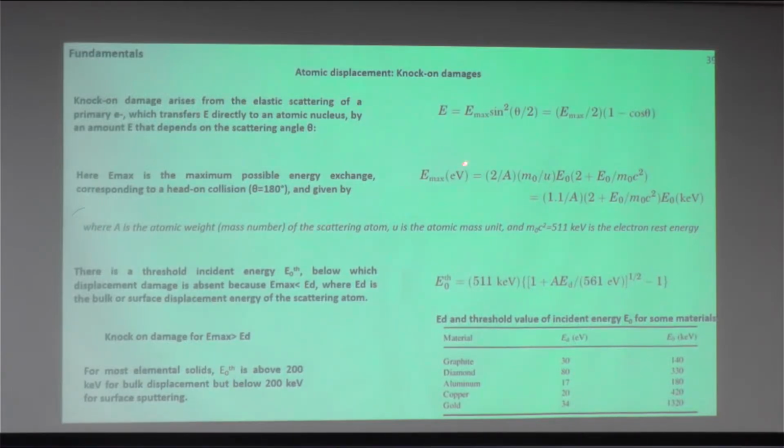In this equation, A is the atomic mass, U is the atomic mass unit, and this is the electron rest energy.